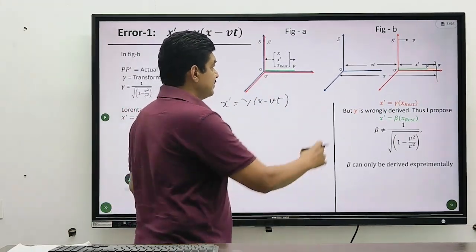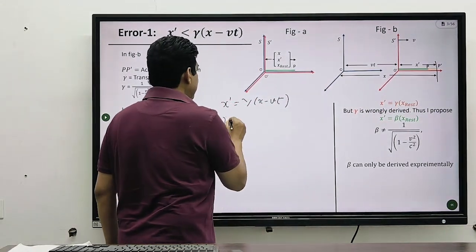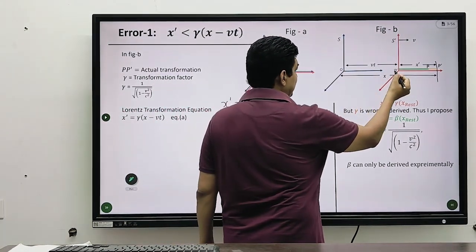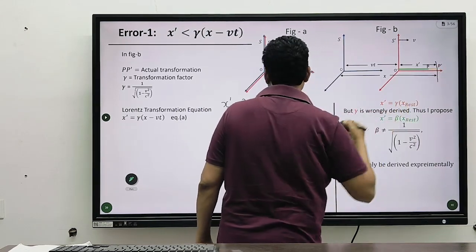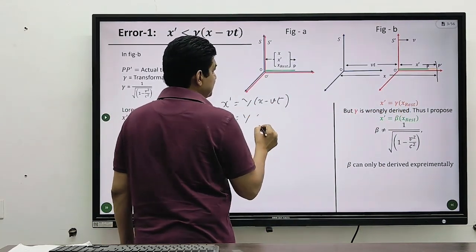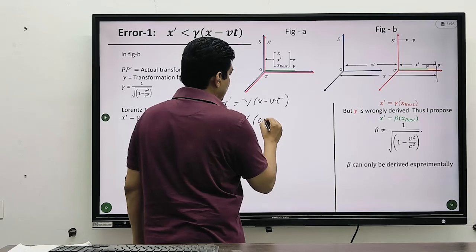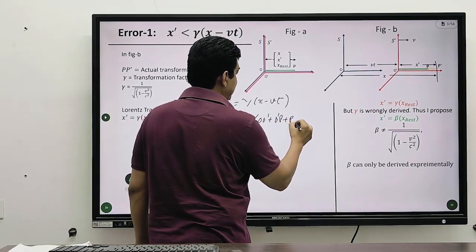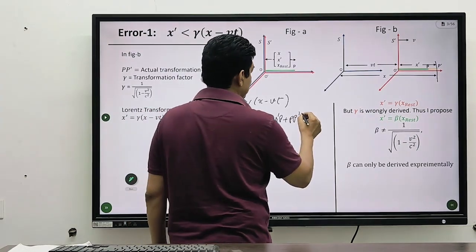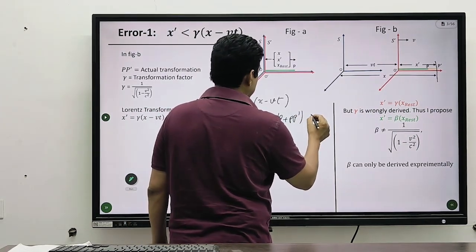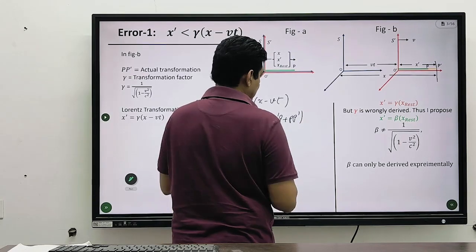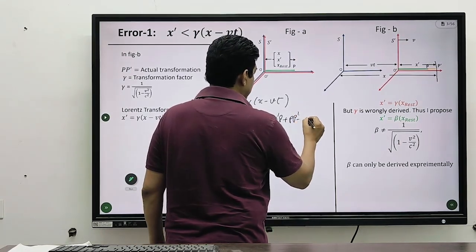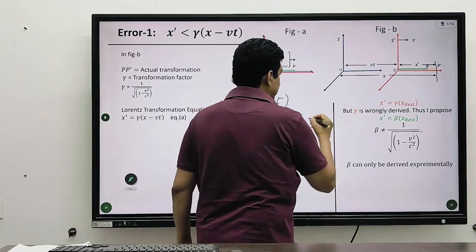So this is x. So x prime is equal to gamma, and we put the value of x as O prime P plus P prime: gamma (O prime plus O prime P plus P prime) minus vt, which is O prime.